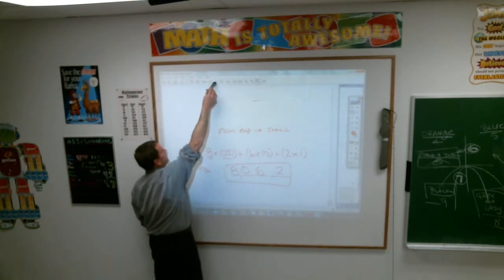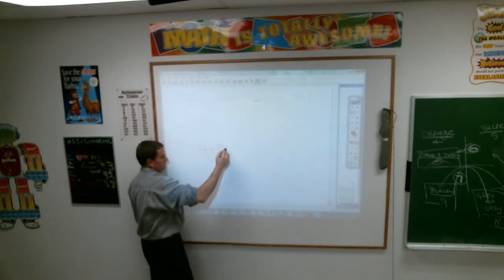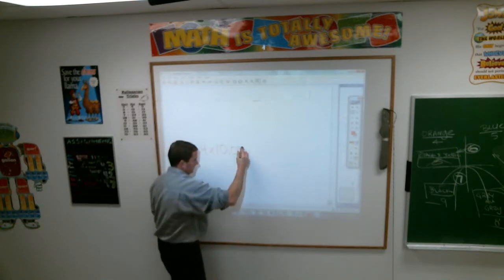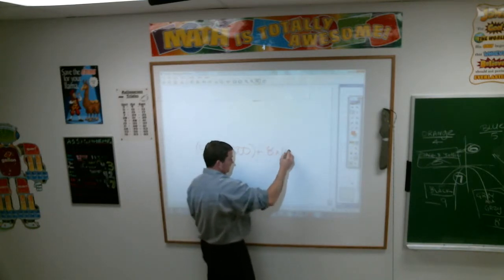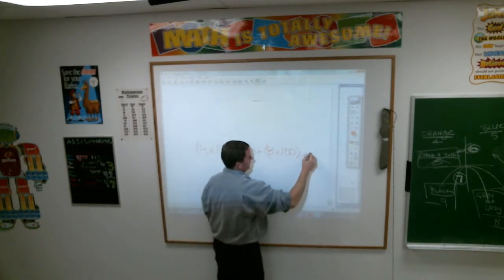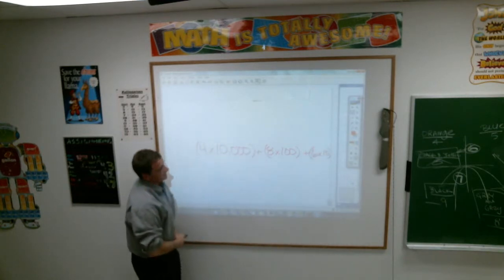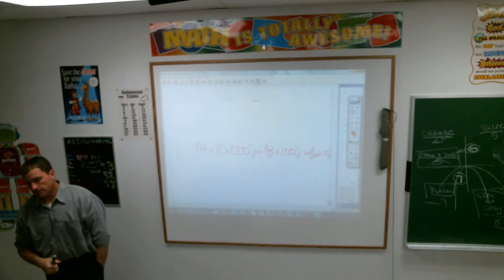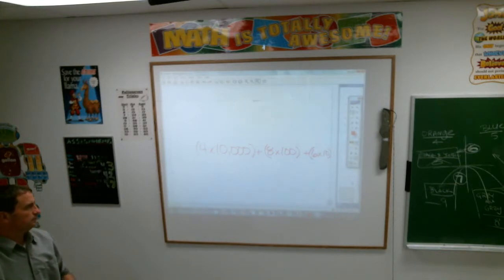How about this? Let's try another one. 4 times 10,000 plus 8 times 100 plus 6 times 10. Give me the standard form of that.